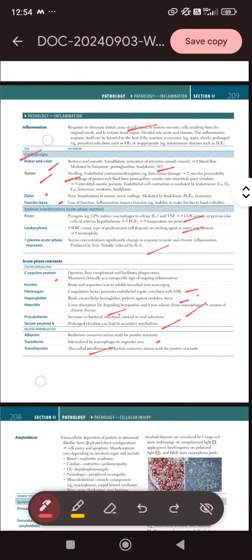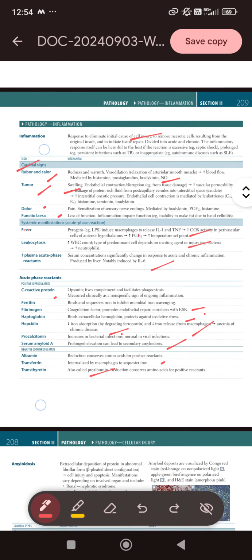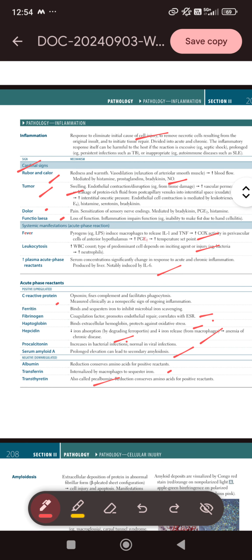Questions arise, like in internship, if we see someone's C reactive protein, CRP, is high, then we can judge the patient is going through ongoing inflammation. If ferritin is high, then we can see sequestered iron to inhibit microbial iron scavenging.